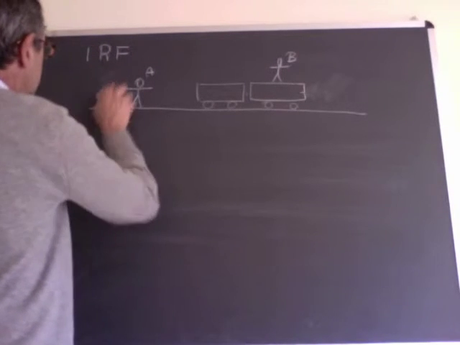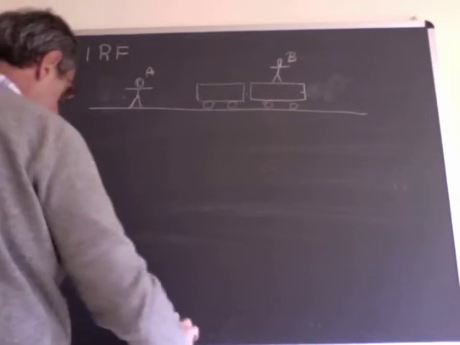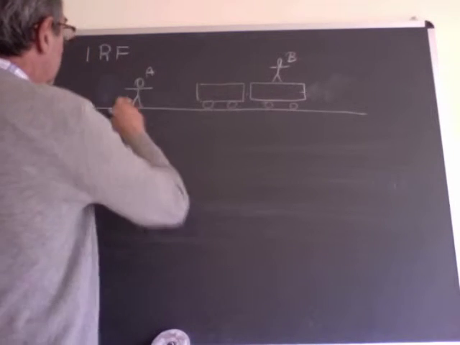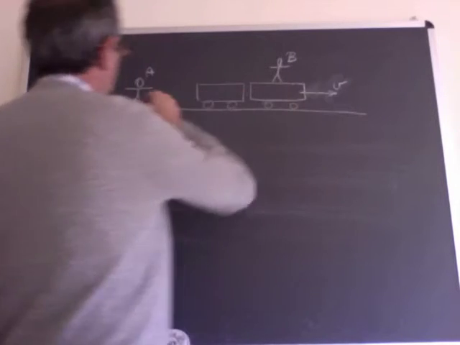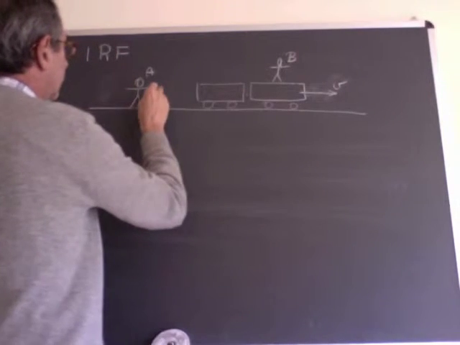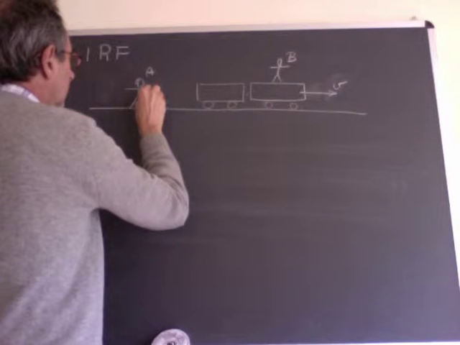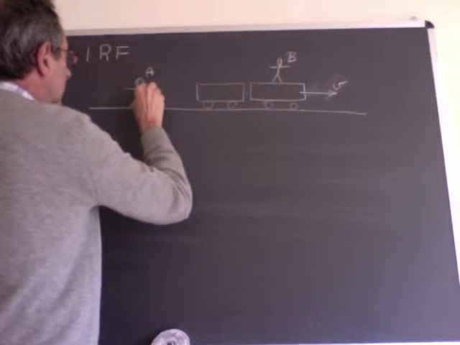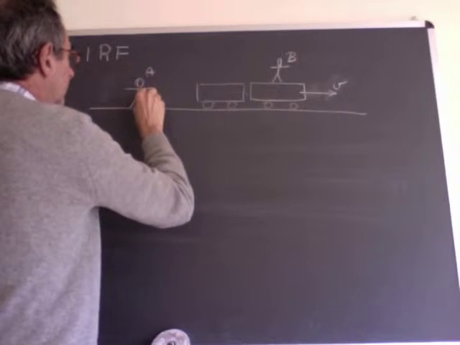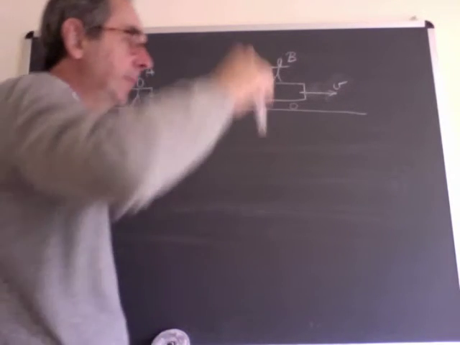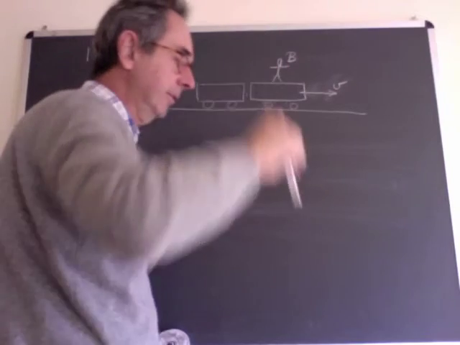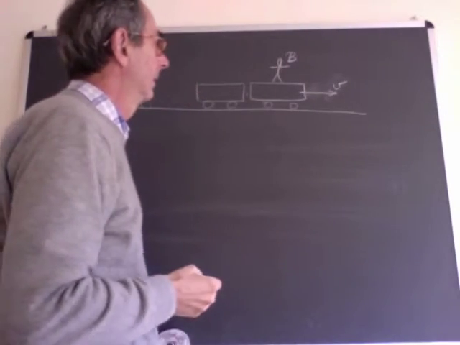Let's consider a simple example. Suppose that A, standing still on the ground, is dropping a stone. He observes that the stone hits the ground, falling down in a perfect vertical line.